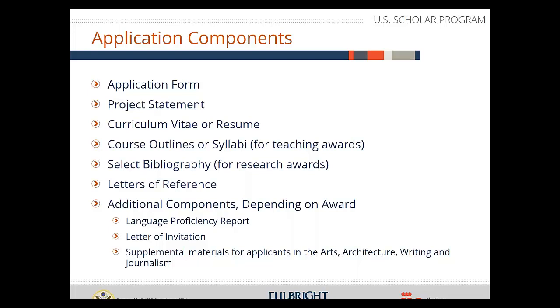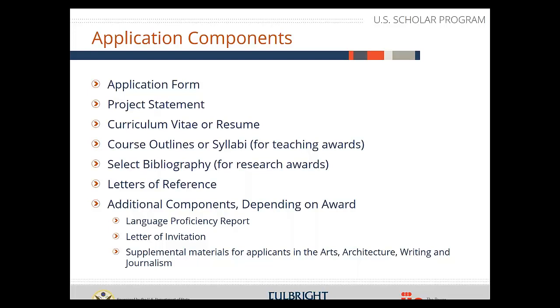Keep in mind that the person who provides the letter of invitation cannot also provide a letter of reference. So if you are getting a letter of reference from the host as well, it should not be from your collaborator. The collaborator should furnish the letter of invitation. We have other guidelines on that in the application guidelines, but that essentially is the letter of invitation.